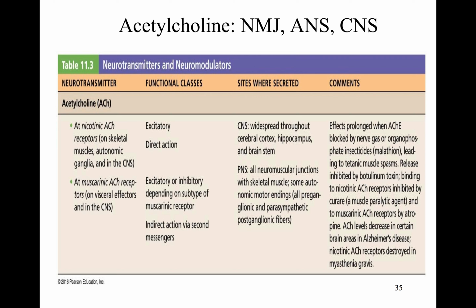That's a part of our somatic nervous system, or our voluntary nervous system. Acetylcholine is also going to be released at synapses in the autonomic nervous system, which is our involuntary nervous system. So remember, the somatic nervous system is controlling voluntary movements. Our autonomic nervous system is controlling involuntary movements.